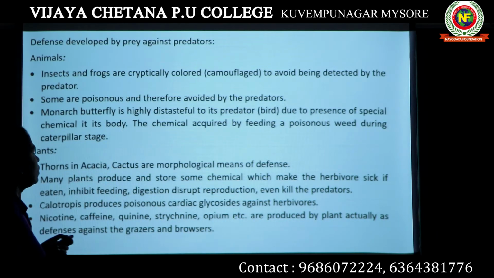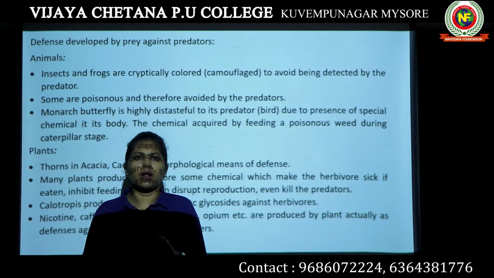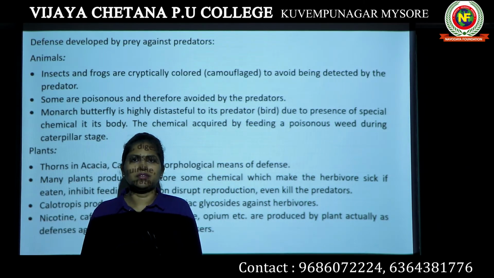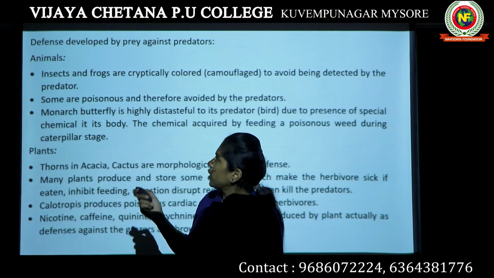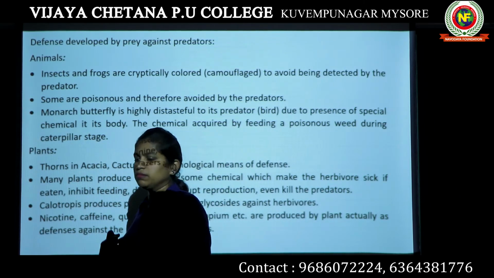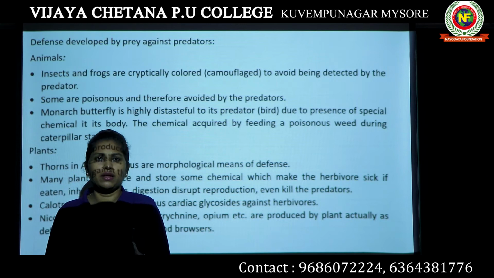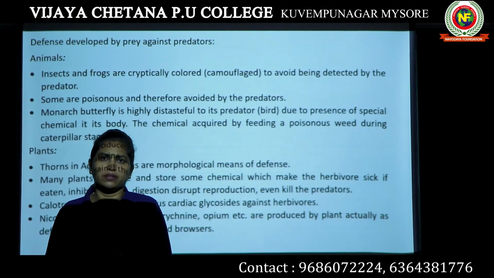Now, in order to protect themselves from the predators, prey have developed certain adaptations. Okay, so there are certain defense mechanisms developed by the prey in order to protect themselves from the predators.